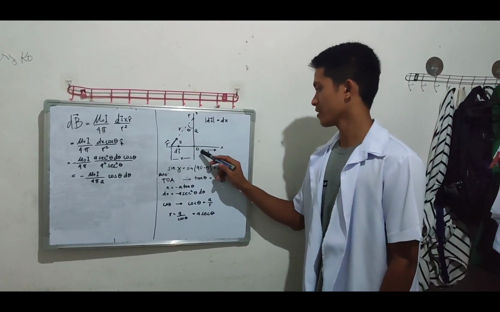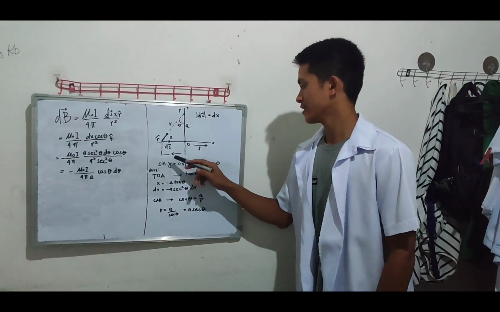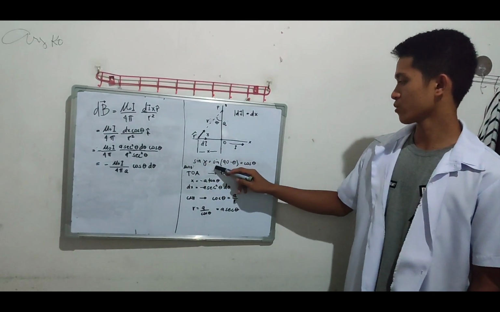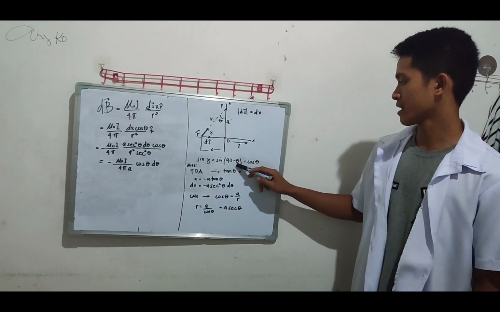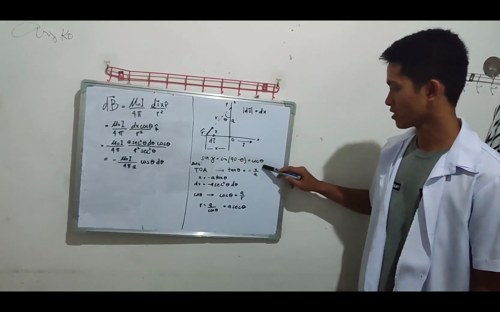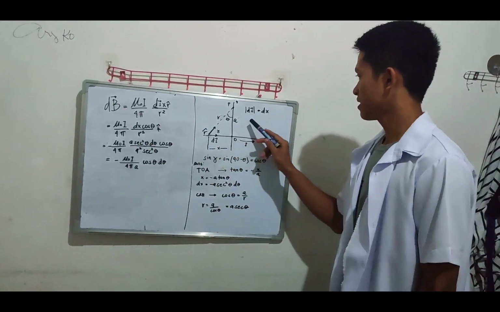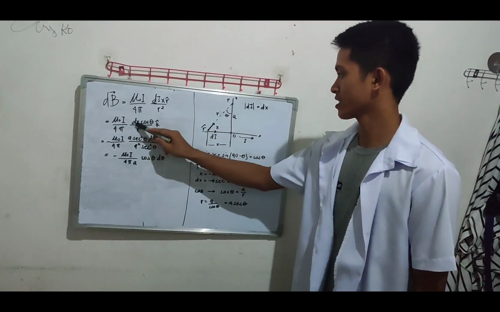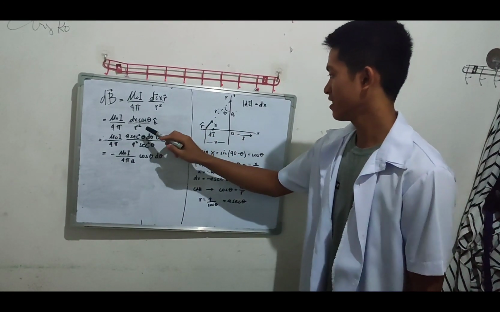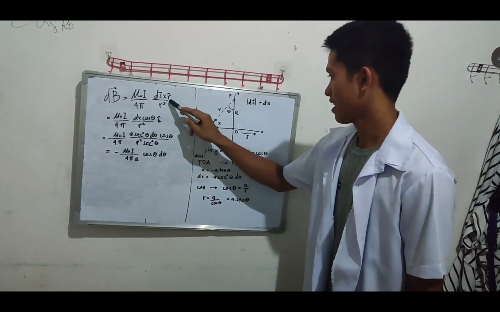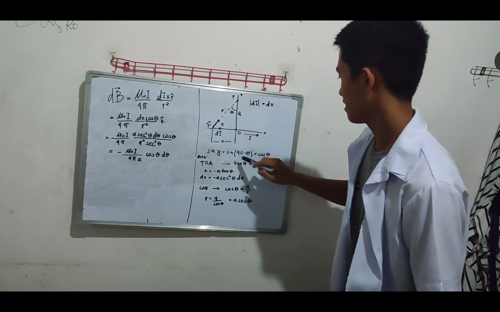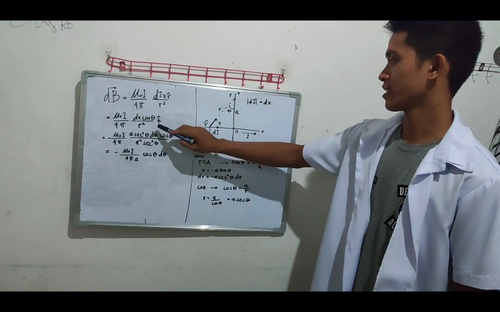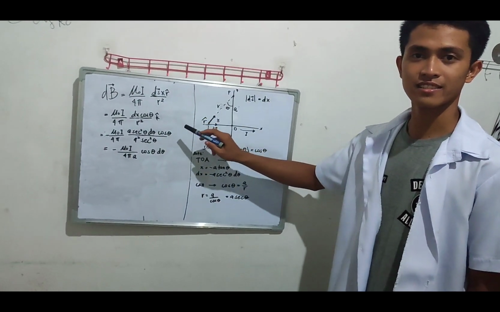We do the cross product. We use the sine of the angle between the ds vector and the r hat vector. Sin gamma is equal to sin of 90 minus theta, or equal to cos theta. So ds is equal to dx, and the r hat term is cos theta over r squared in the direction of k hat.